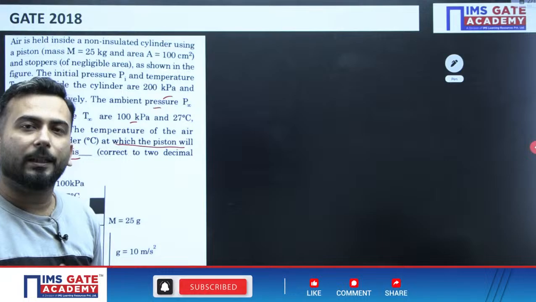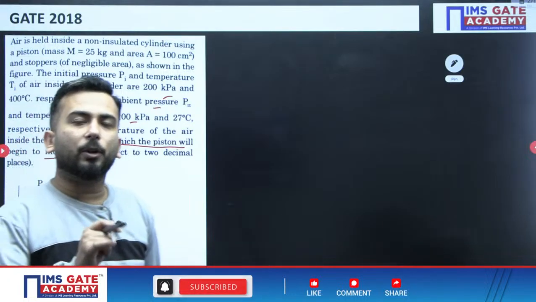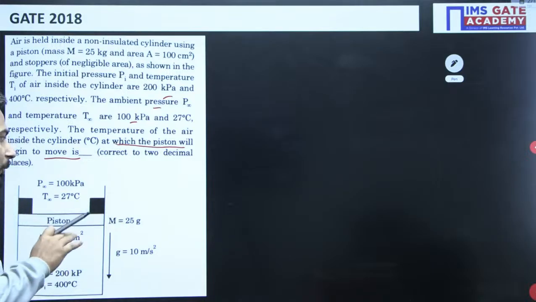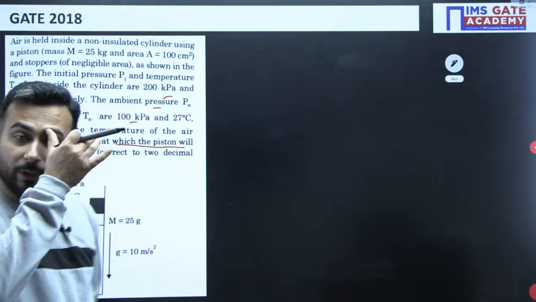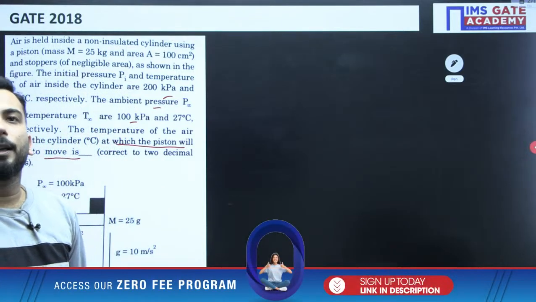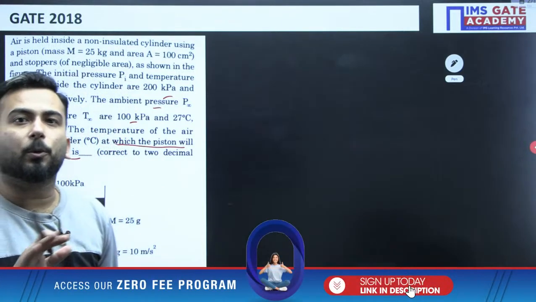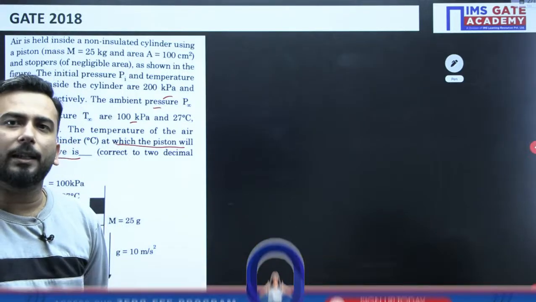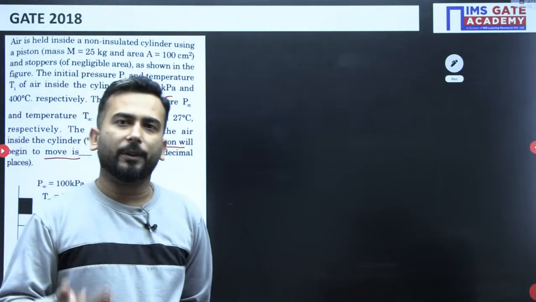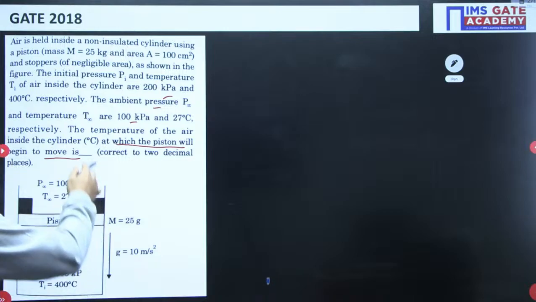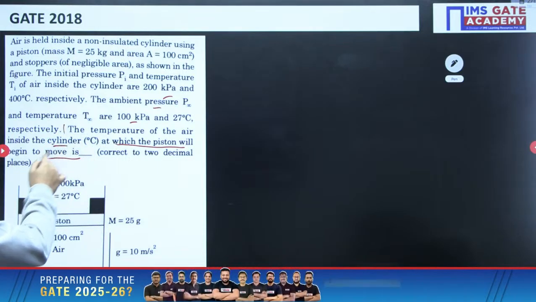For that, FBD is one of the most important things that you should do. If you do the FBD, it will give you a very clear idea about the pressure, and due to that you will be able to guess what process is going on. Based on that, if they ask for work, you will find work, if heat, you will find heat. In this case he is asking simply the temperature at which the piston will begin to move.